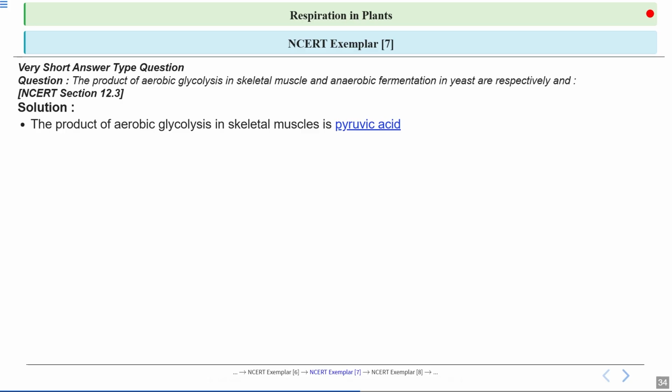The product of aerobic glycolysis in skeletal muscles is pyruvic acid. This is when oxygen is present. Now in anaerobic fermentation in yeast, the end products are ethanol and carbon dioxide. So here a different pathway is used by yeast when oxygen is absent.